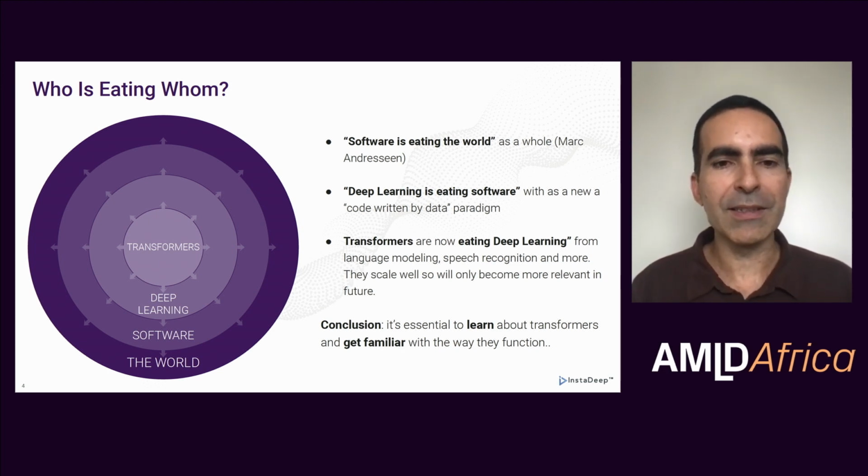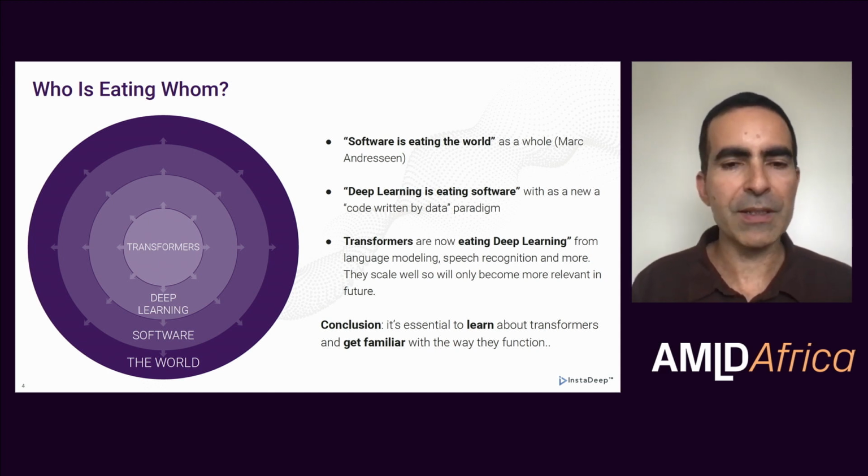I have to say it is a remarkable thing that is happening, because typically when a field is successful, such as artificial intelligence and deep learning today, you tend to have specialization for different subtasks or problems or modalities. You would have different models. And this is indeed what we have seen for some time in deep learning, with convolutional neural networks specialized in vision, for example, and recurrent neural networks and LSTMs specialized for speech recognition or NLP.